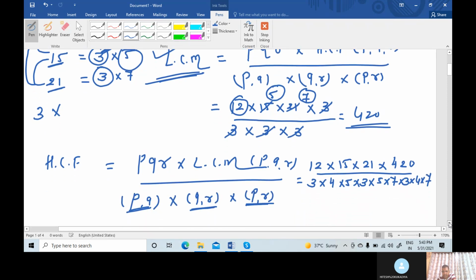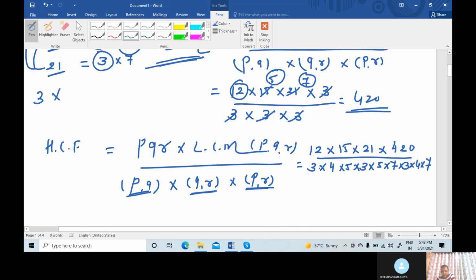Is that clear? Now try to cut the factors. 3 fours are 12, 3 fours are 12, 5 threes are 15, 7 threes are 21. Now multiply these three numbers: 5 fours are 20, 20 sevens are 140. 140 divided into 420, 14 threes are 42, so our HCF is 3.